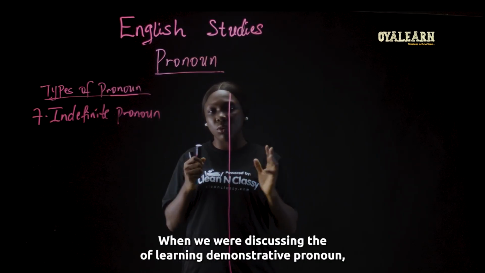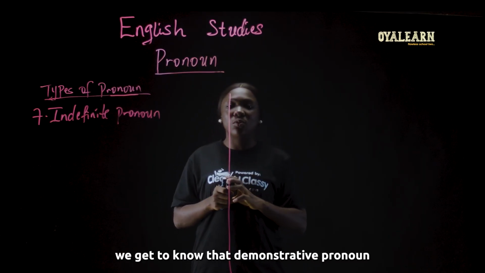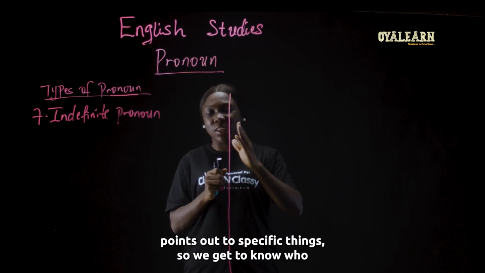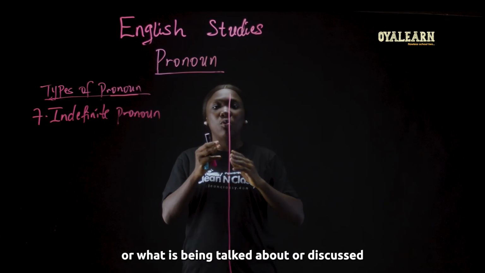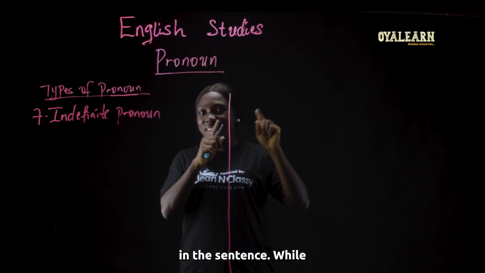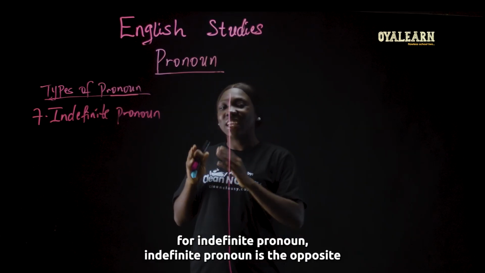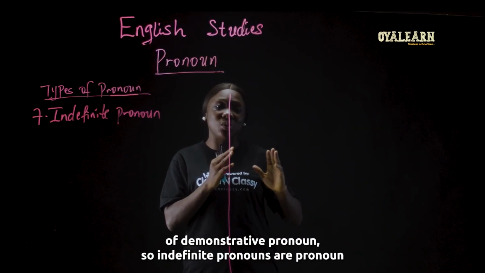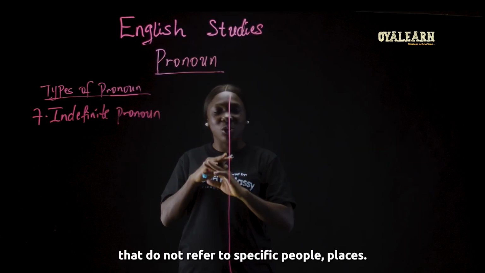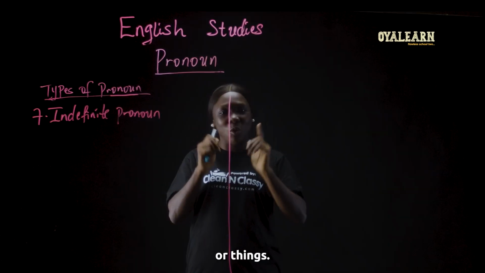When we were learning about demonstrative pronouns, we got to know that demonstrative pronouns point out specific things. So we get to know who or what is being talked about or discussed in the sentence. For indefinite pronouns, it is the opposite of demonstrative pronouns. So indefinite pronouns are pronouns that do not refer to specific people, places, or things.